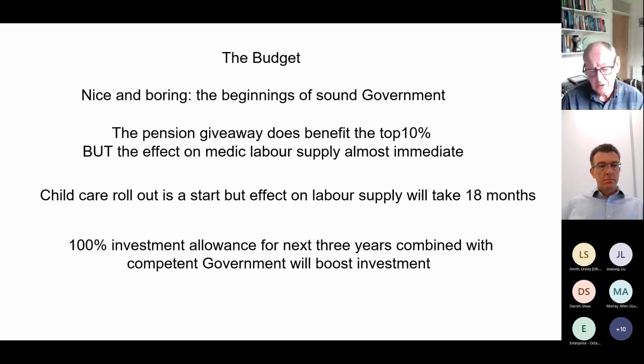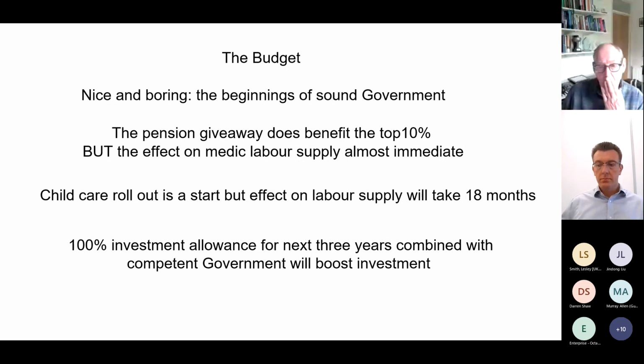The childcare rollout is sensible, but it's delayed 18 months. And this last point, the 100% investment allowance, is brilliant, except for saying that it's probably not going to continue beyond 3 years. A huge mistake. They should have said it's 100% until further notice. However, it should boost investment spending, and there are signs already that it is.